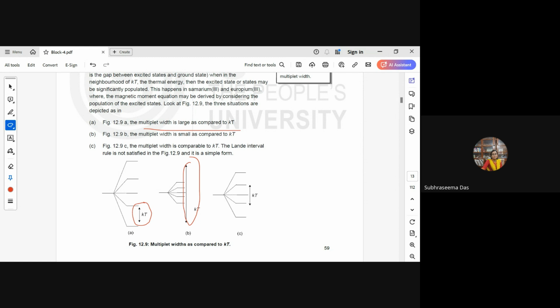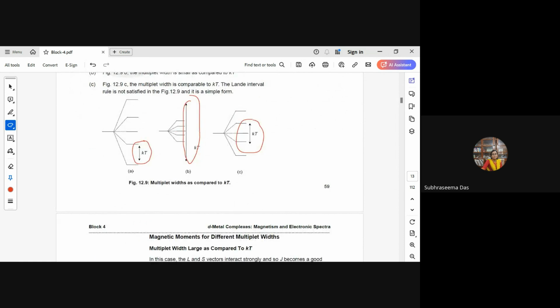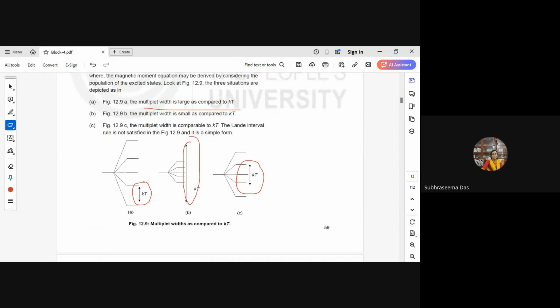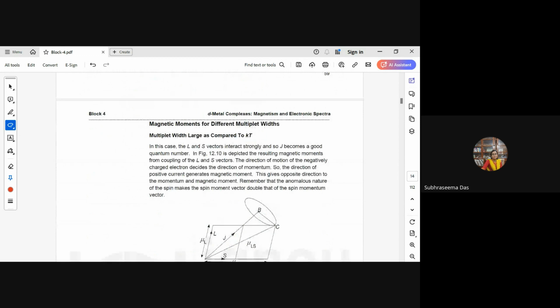But in figure C, the multiplet width is comparable to kT. However, the Landé interval rule is not satisfied, and in figure 12.9 it is shown in simple form. So we see the three different situations of multiplet widths compared to kT. Now coming to the calculation of magnetic moments for different multiplet widths.